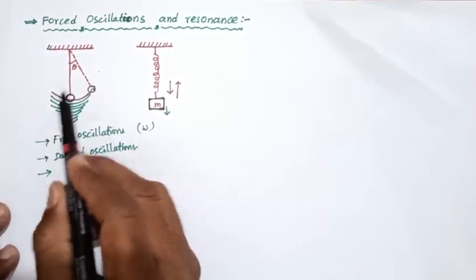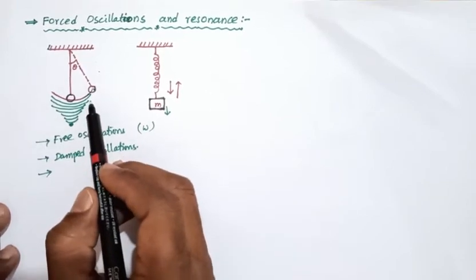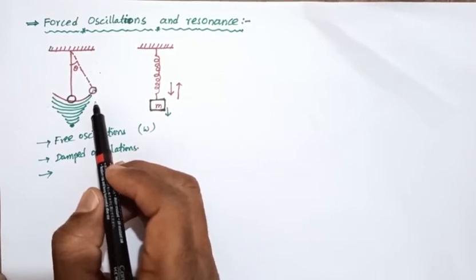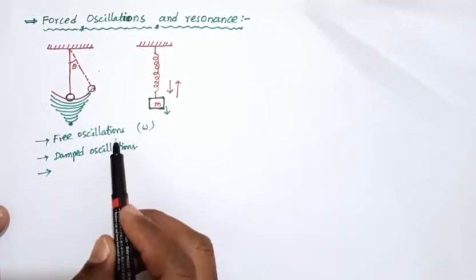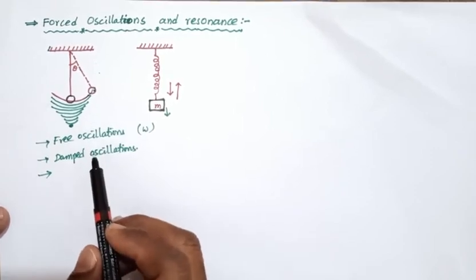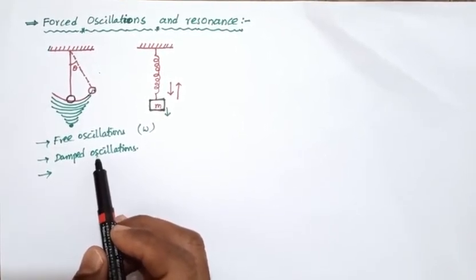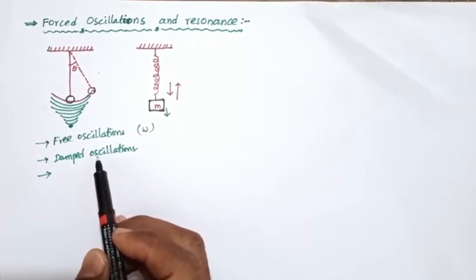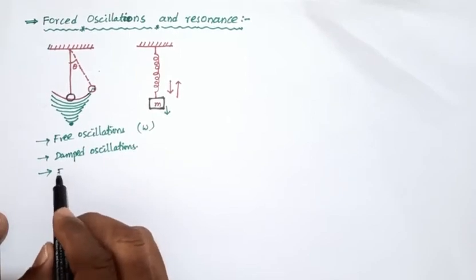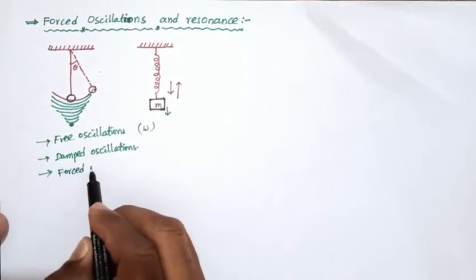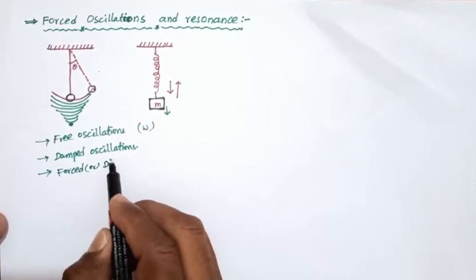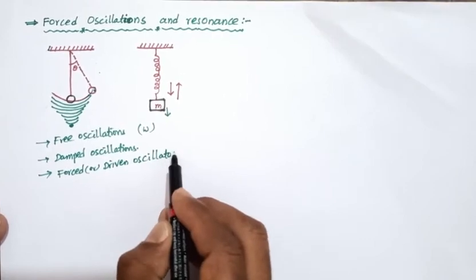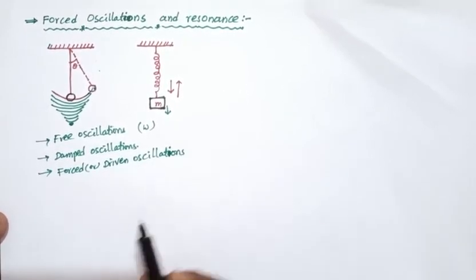But an external agency of force can maintain these free oscillations. Such oscillations are called forced oscillations or driven oscillations.